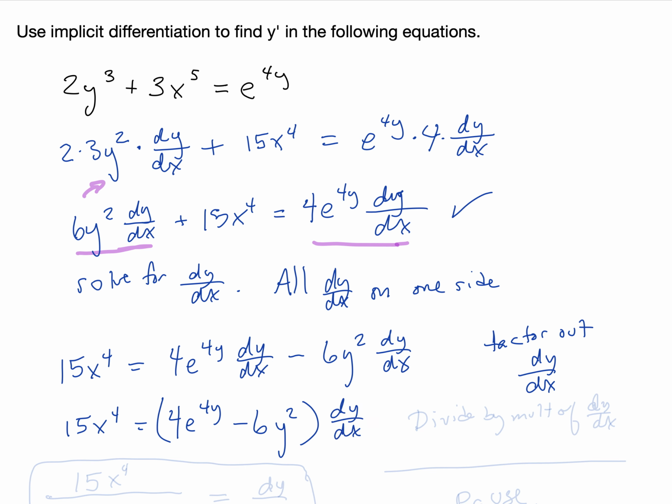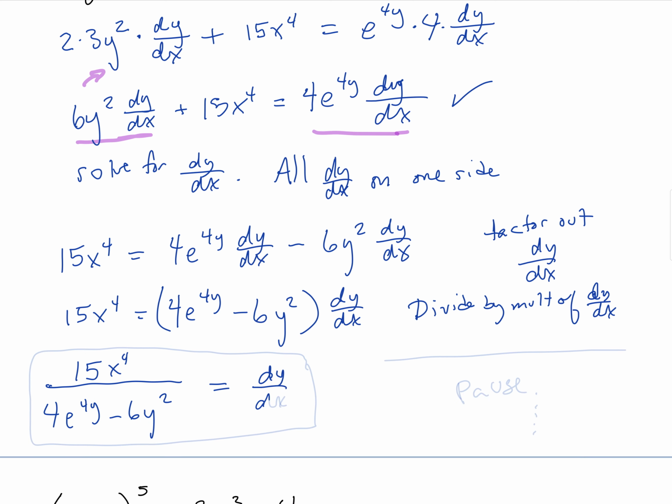And now our last step in solving for dy dx would be to divide by the multiple of dy dx. So we can divide both sides by that 4e to the 4y minus 6y squared, and we'll have 15x to the fourth divided by 4e to the 4y minus 6y squared is equal to dy dx.